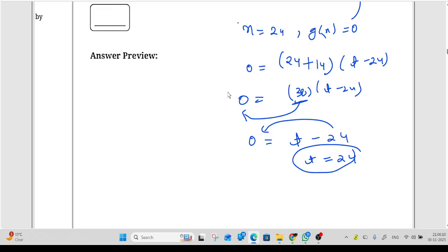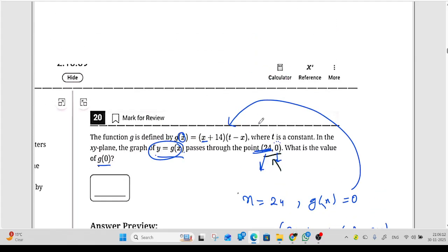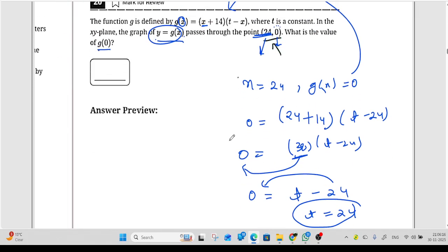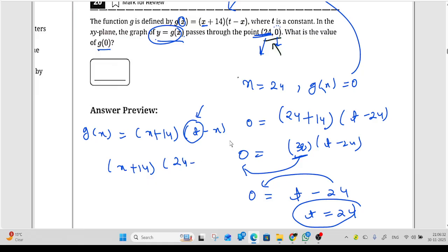Now, because this is my g of x, in place of t I will put 24 in my question. So g of x is x plus 14 and t minus x, and in place of t I'm going to plug 24. So x plus 14 becomes 24 minus x.